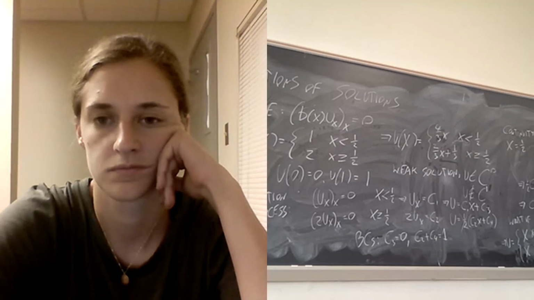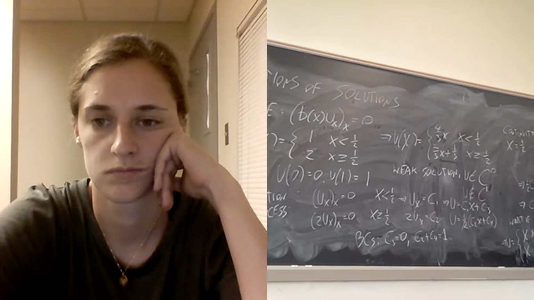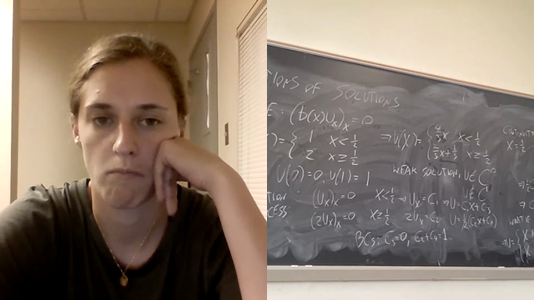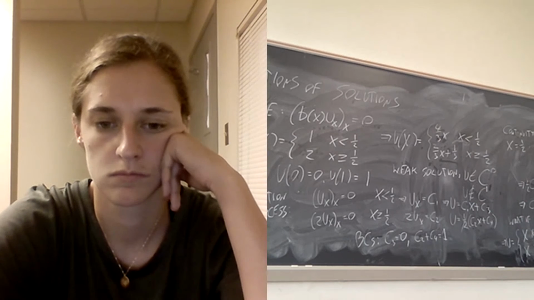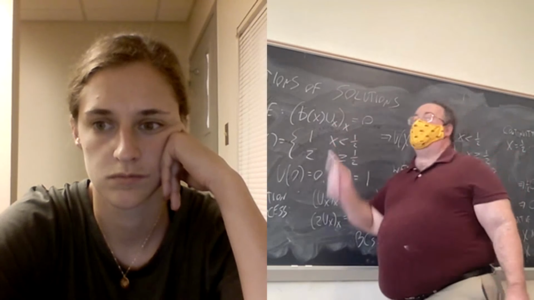So in other words, here we definitely have a weak solution because it's only C0. This is murkier because I can take as many derivatives of u as I want, but I still can't plug into the PDE.